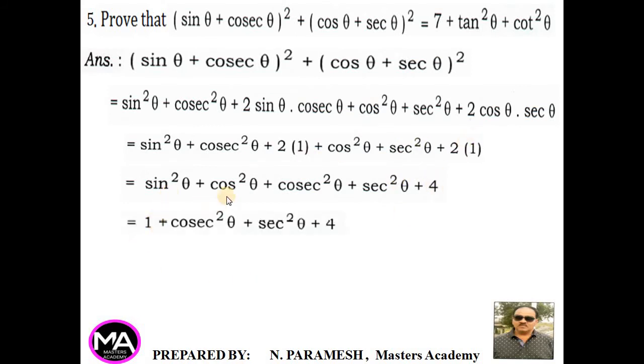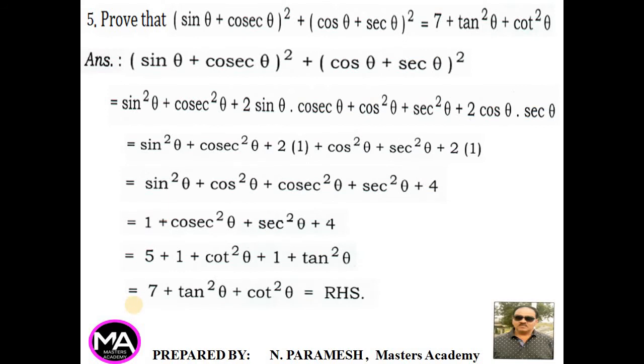Sin square theta + cos square theta is nothing but 1, + cosecant square theta + secant square theta + 4, that is 1 + 4 = 5 + cosecant square theta, which is nothing but 1 + cot square theta, + secant square theta, which is nothing but 1 + tan square theta. That is 5 + 1 + 1 = 7 + tan square theta + cot square theta, that is equal to RHS.